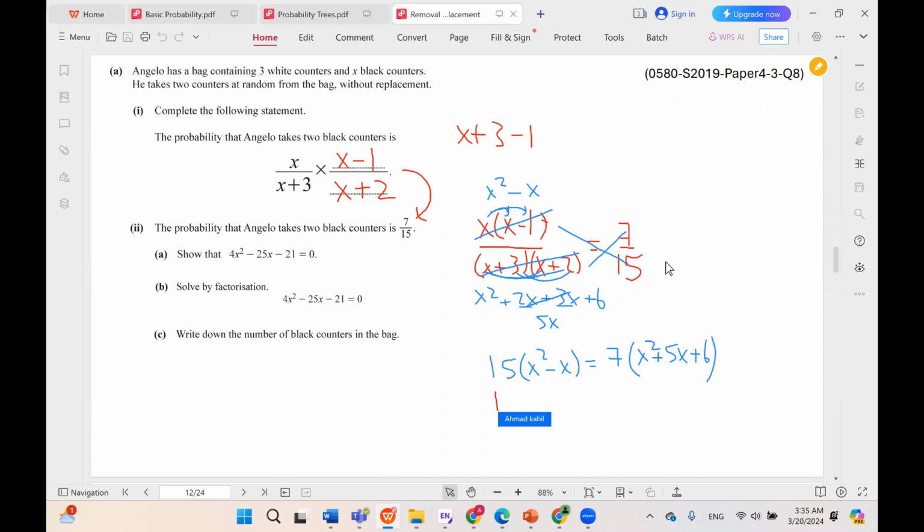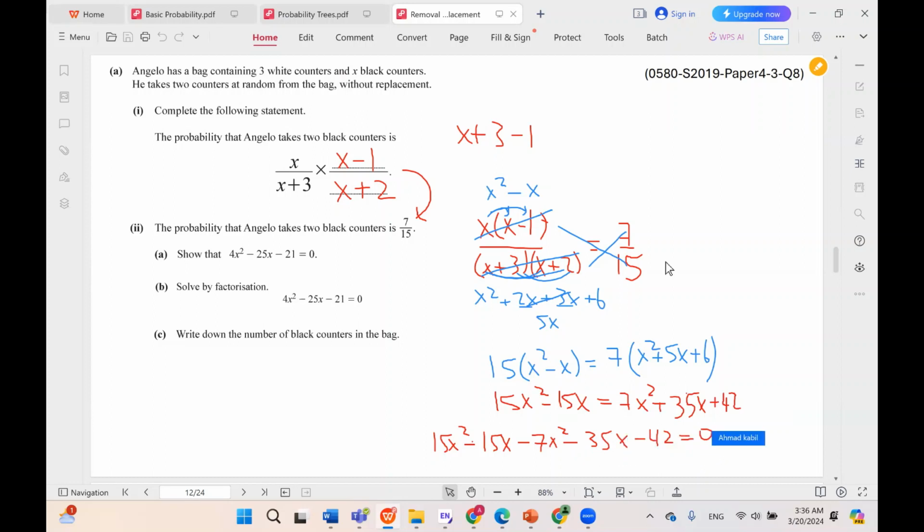So 15X squared minus 15X equals 7X squared plus 35X plus 42. We take everything to the left-hand side. So 15X squared minus 15X minus 7X squared minus 35X minus 42 equals 0.